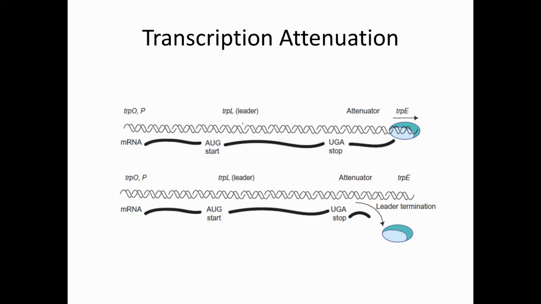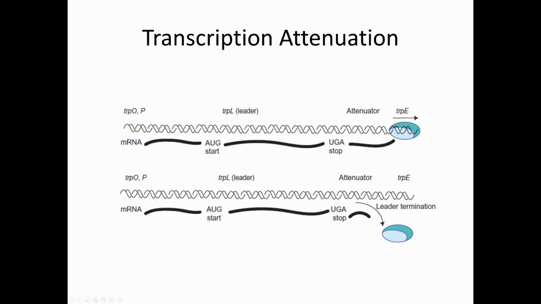Apart from this regulation, the trp operon can also be regulated by transcription attenuation. The mechanism operates by causing premature termination of transcription of the operon when the tryptophan is abundant. Basically, there are two loci, the trp leader and the trp attenuator, between the operator and the gene trpE.